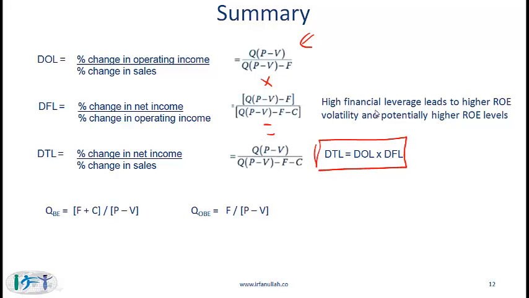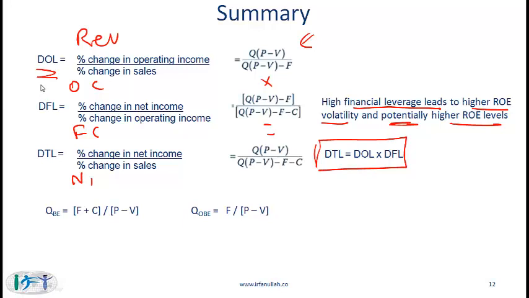As we have discussed, high financial leverage leads to high ROE volatility and potentially higher ROE levels. Another point I want to highlight here is the following. If you consider a very simple income statement, you have revenue, and then you have operating costs, then you have financial costs such as interest, and finally you come up with net income.